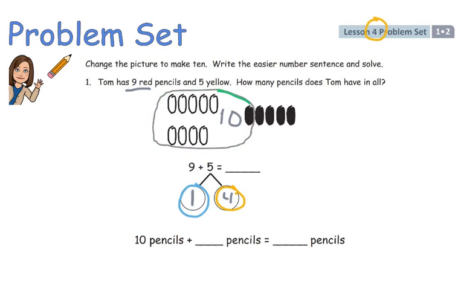Do you see what I did there? So what I did, I'll explain it again, is we made our group of 10. And then we just used a number bond to show that we borrowed 1 to make 10 and that there are 4 left over.